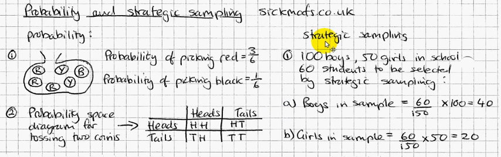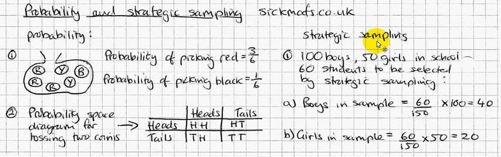Now, strategic sampling, there are different types of sampling, but this is the one that's used for GCSE maths. If you go to GCSE statistics, you might have to know about other types of sampling, but this is the one that's really used in GCSE maths. And what is strategic sampling?